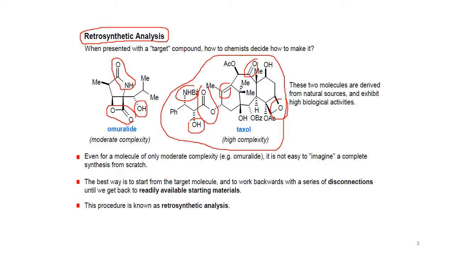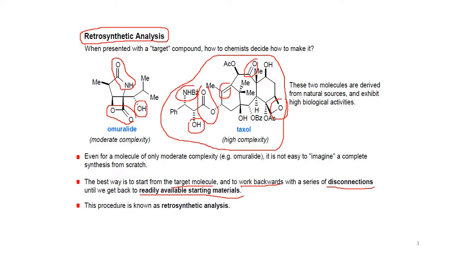If you look at the first compound, even for a molecule with moderate complexity like formaldehyde, it is not easy to imagine a complete synthesis from scratch. If we look at this compound, how are we going to start in order to synthesize it? The best way is to start from the target molecule and then work backward with a series of disconnections until we get back to the readily available starting material.